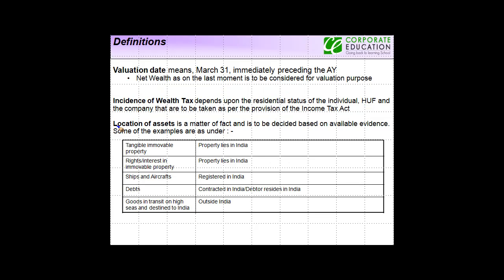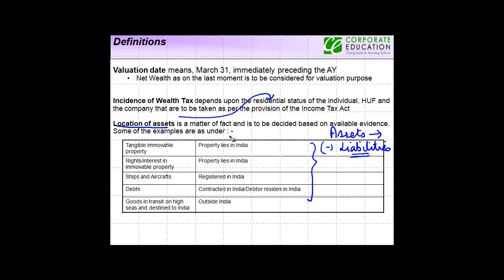The third one is location of the asset. Now, you have seen that when you compute wealth tax, you take the assets and you subtract the liabilities. So which liabilities are to be excluded, which assets are to be included? It's very important. So there are general rules regarding which assets are to be included depending on the residential status.